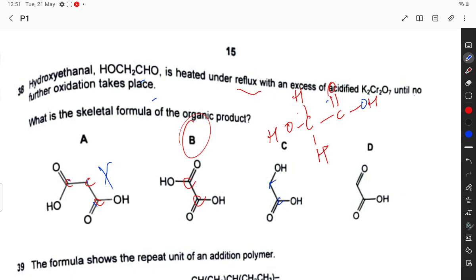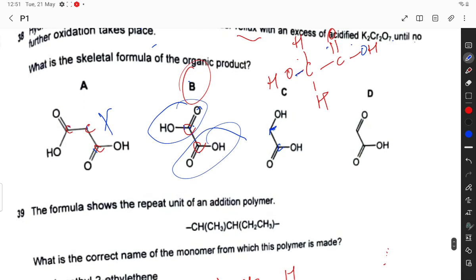But this is alcohol only. This is alcohol and this is carboxylic acid. Because under reflux with acidified potassium dichromate, both alcohols are oxidized to form a dioic acid, ethanedioic acid. So this is 1, 2, and this is a carboxylic acid. This is another carboxylic acid. So B option is correct.